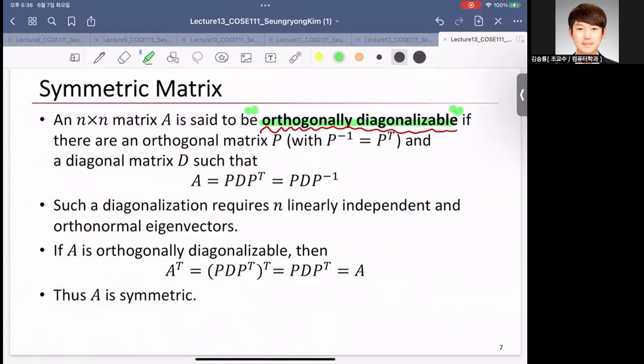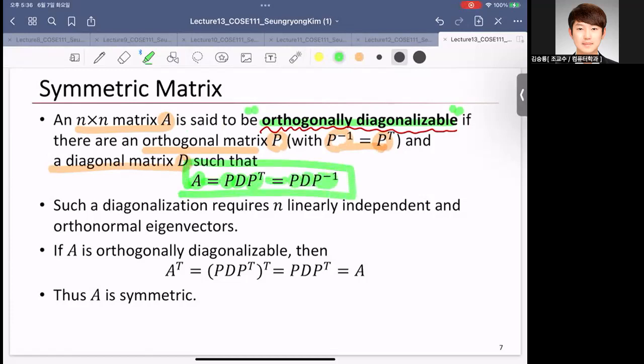An n by n matrix A is said to be orthogonally diagonalizable if there is an orthogonal matrix P, in other words, if P is an orthogonal matrix, P inverse is equal to P transpose, and a diagonal matrix D. Then we can factorize matrix A as P D P transpose, because P transpose equals P inverse, so it's P D P inverse.